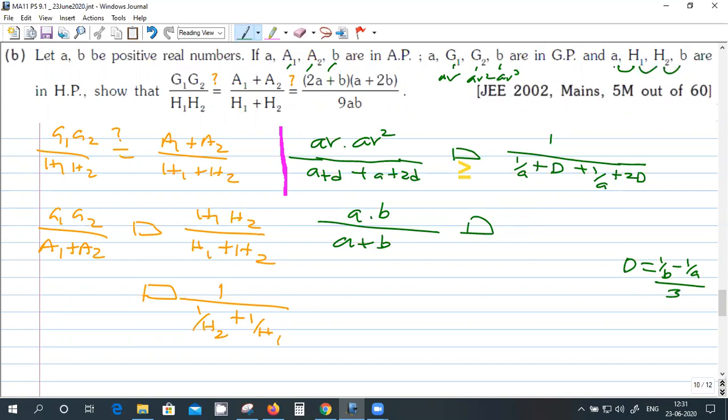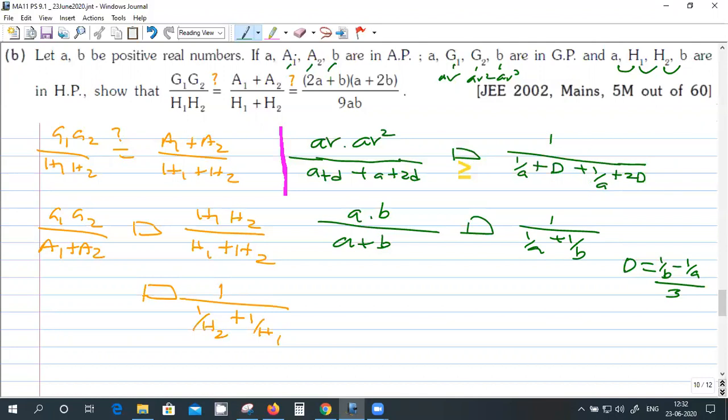So if I take 1 by A and add 3 D's, I should get 1 by B. So the whole difference is 1 by B minus 1 by A, and that divided by 3 will give me the capital D. Okay, so from this, I can write 1 by A, and then 1 by A plus 3D is 1 by B. Is it clear?